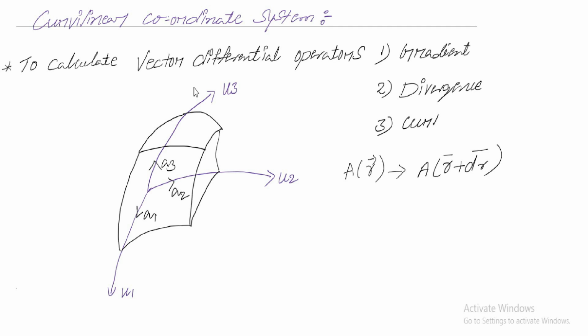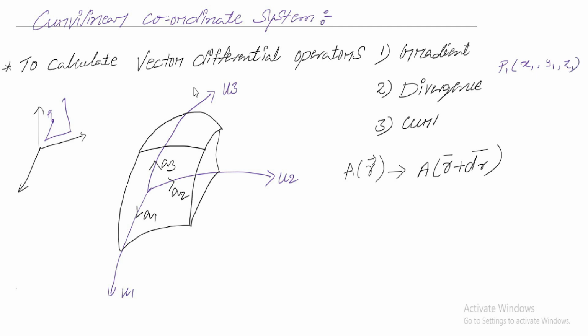Like we have seen in the rectangular coordinate system, we have considered a point. So this is your rectangular coordinate system, and here we have considered one point, which is your P1, given as x1, y1 and z1.